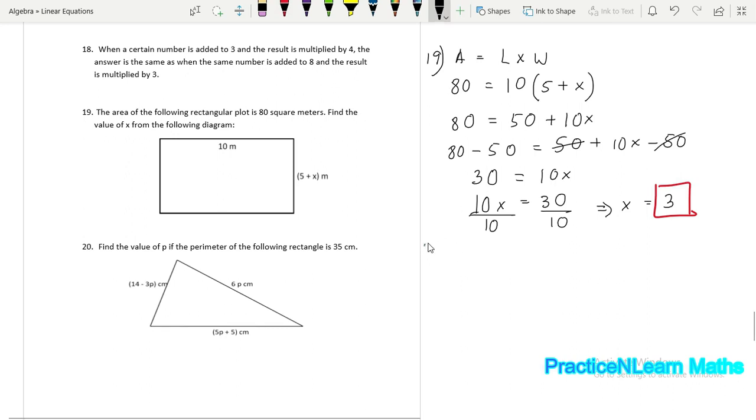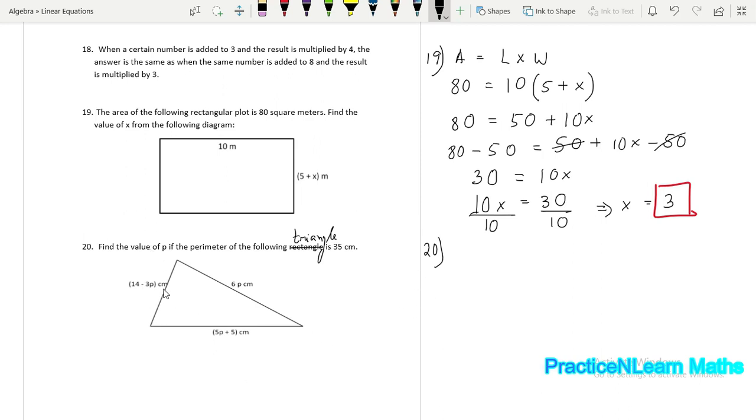Next, sum number 20. Find the value of p if the perimeter of the following triangle is 35 centimeter. Perimeter of a diagram can be found out by walking around the boundary of the diagram and adding up the measurements. So here we move around the triangle and add up the measurements.